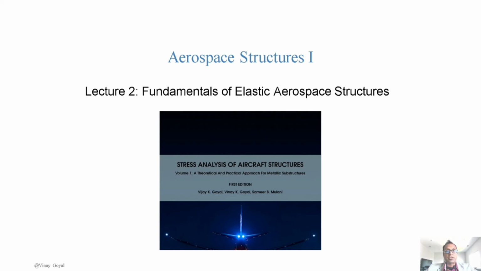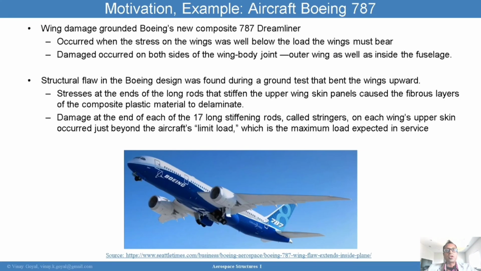The example we gave in the previous lecture that motivated the purpose of this course was the composite 787 Dreamliner. This Boeing aircraft composite structure had damage that occurred near the wings, at the wing body joint. And this failure or damage was unexpected.